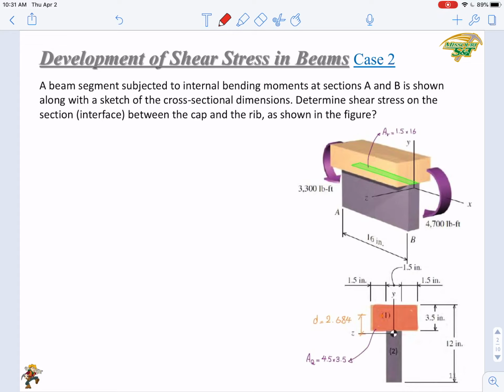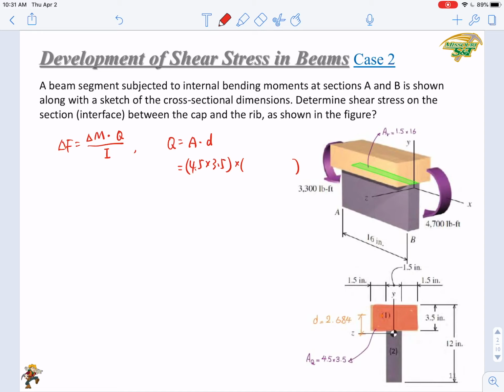In this method, our delta F can be directly calculated from delta M times Q over I. Here the Q equals A D, and the A here is 4.5 by 3.5 as we just calculated. And the D, what is the D value in this case?